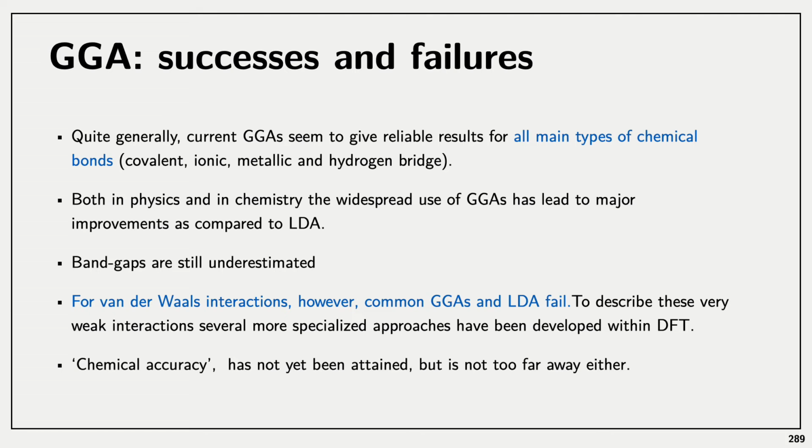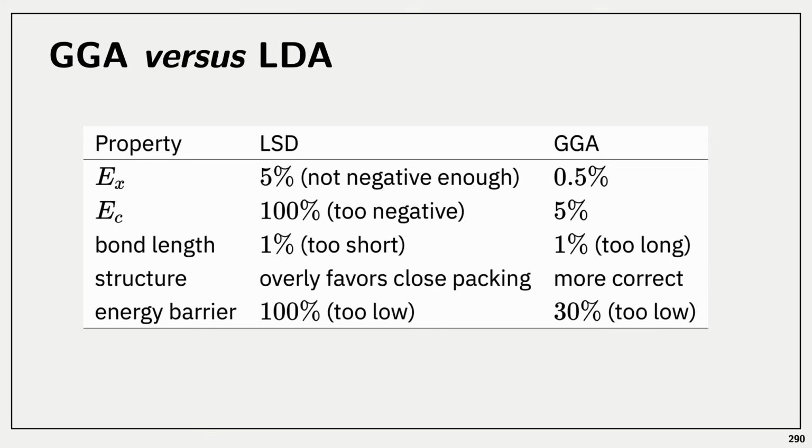So one thing that's useful is to compare GGA and LDA, and this table does that. Let's look at the bond length now. You remember LDA was overbinding, with bond lengths that were just too short. GGA is not a huge improvement because it's still about 1% wrong, which is not bad actually, but now it's usually underbinding.